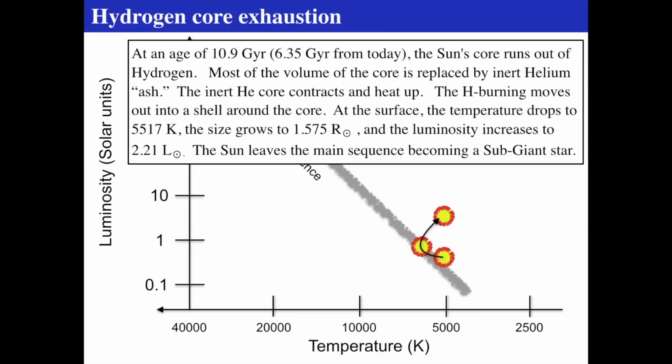So at the surface, the temperature is going to drop, even though the core temperature is going to rise. And that's because the luminosity increases by a factor of almost 2, 2.21 times.